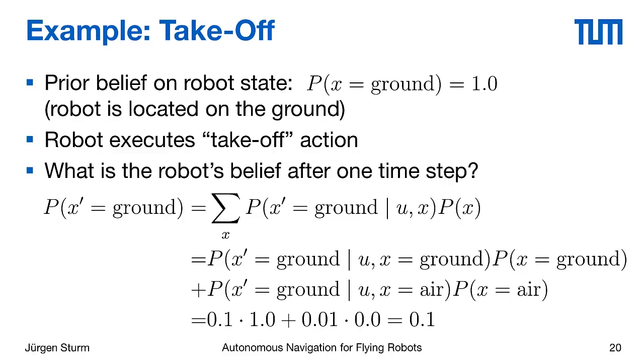We do this by applying this formula from before and then filling in values. And we can confirm now algorithmically that the robot will still be on the ground with a probability of 10%.